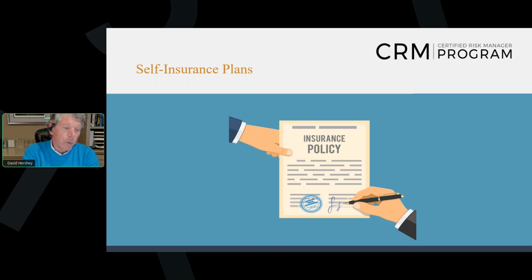Now, if you are managing an insurer or a TPA, and you're managing it closely, you're probably in decent shape. However, that doesn't get you off the hook with arguing coverage.